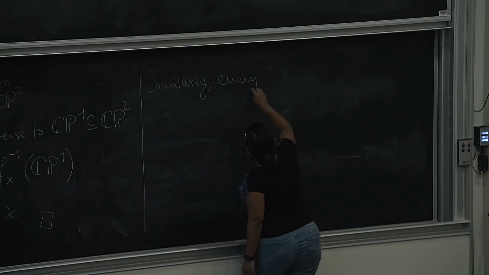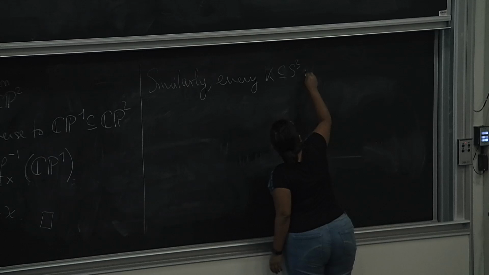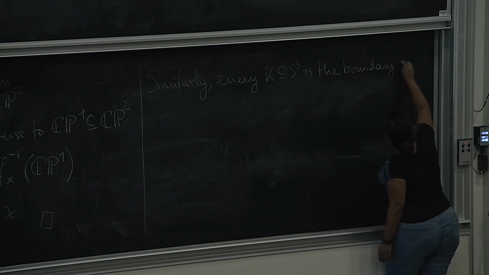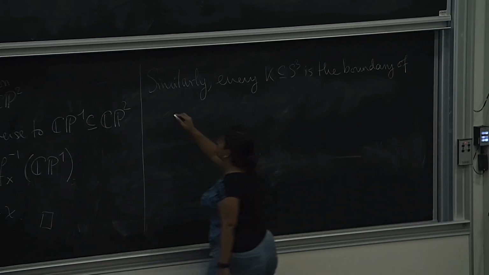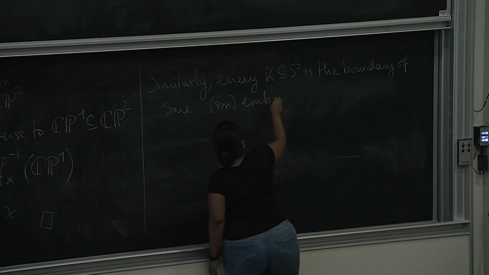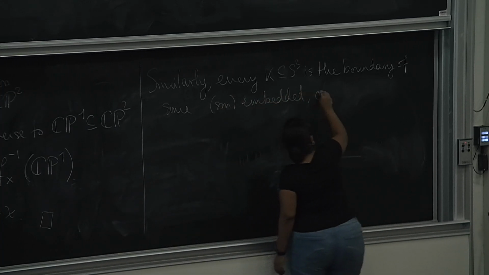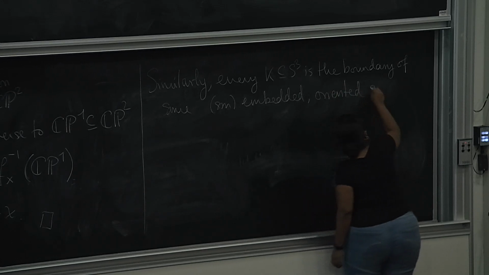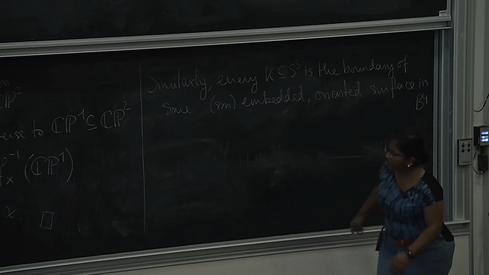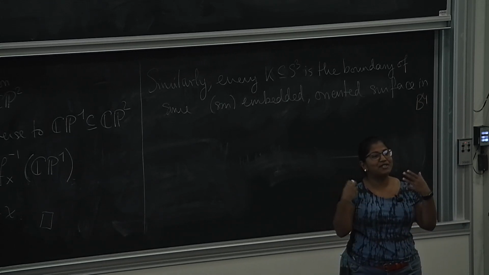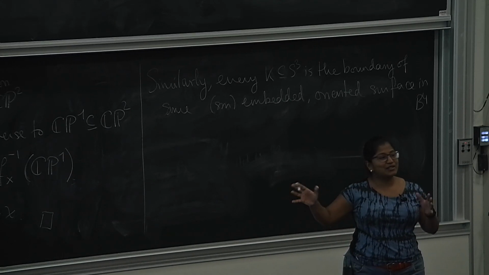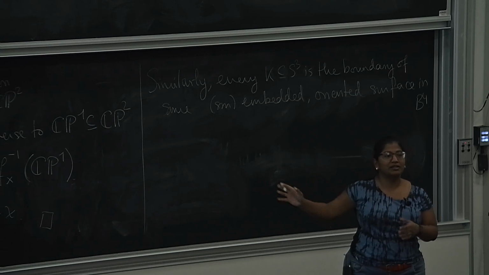Every knot in S3 is the boundary of some, let's say, smooth embedded surface. So if the goal is to find embeddings, you always have some embedding. That's the point I'm trying to make, that the most basic existence question is very easily answered.